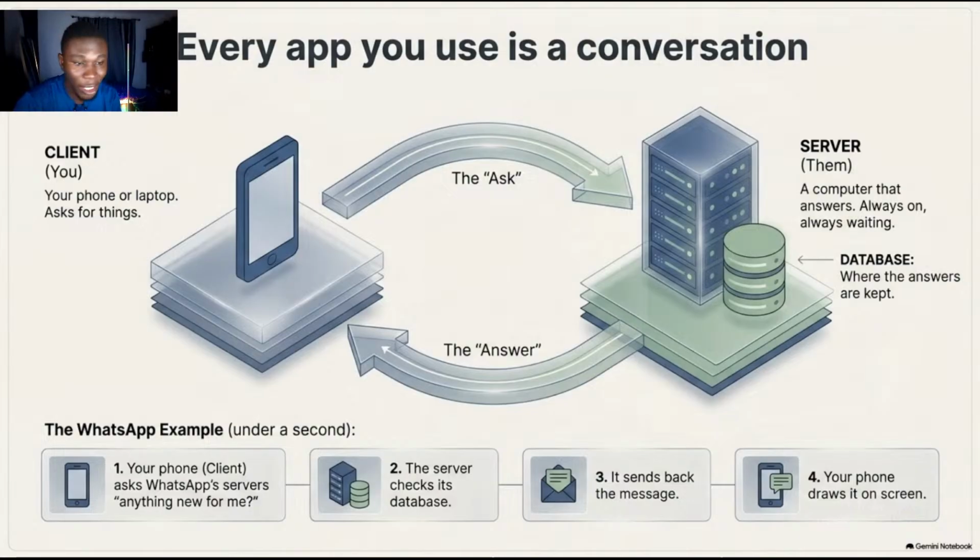If I've posted something and you go and check my status, indeed, the WhatsApp server will check the database and send it to you, and then you see that I've posted something. That is how clients and servers work. And bear in mind, when you are creating web applications, it will have a server, it will have a client. Your front end must communicate to the back end.